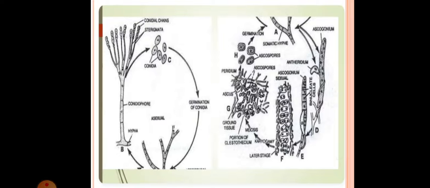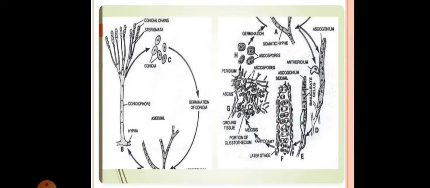Here you can see in the sexual reproduction, the somatic phase of the hyphae is there, and it germinates and produces the antheridium and ascogonium. So the antheridium is the male sex organ, and the ascogonium is the female sex organ, and they bind together and produce the cleistothecium.